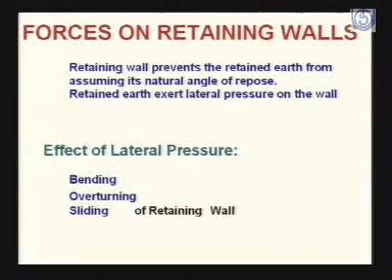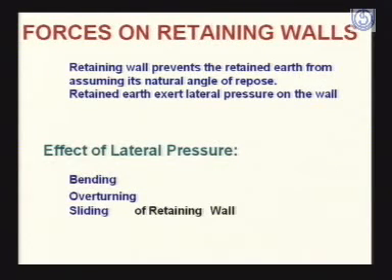Now let's see what type of forces are coming on the retaining walls and where they come from. A retaining wall prevents the retained earth from assuming its natural angle of repose. What is the meaning of it?